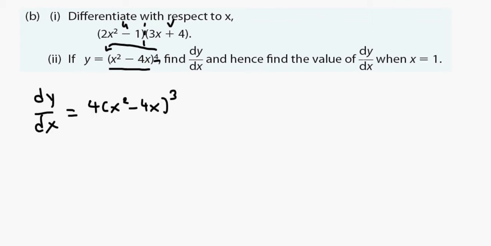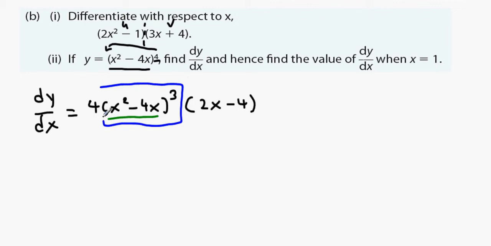Now what a lot of people always forget to do is differentiate what's actually inside that bracket. So when you differentiate what's inside that bracket, you get 2x minus 4. Now as discussed with the previous example, we're not allowed to multiply into this bracket. This bracket here is safe, it's protected. You cannot multiply anything into it until you follow BODMAS, which says operations come before multiplication.